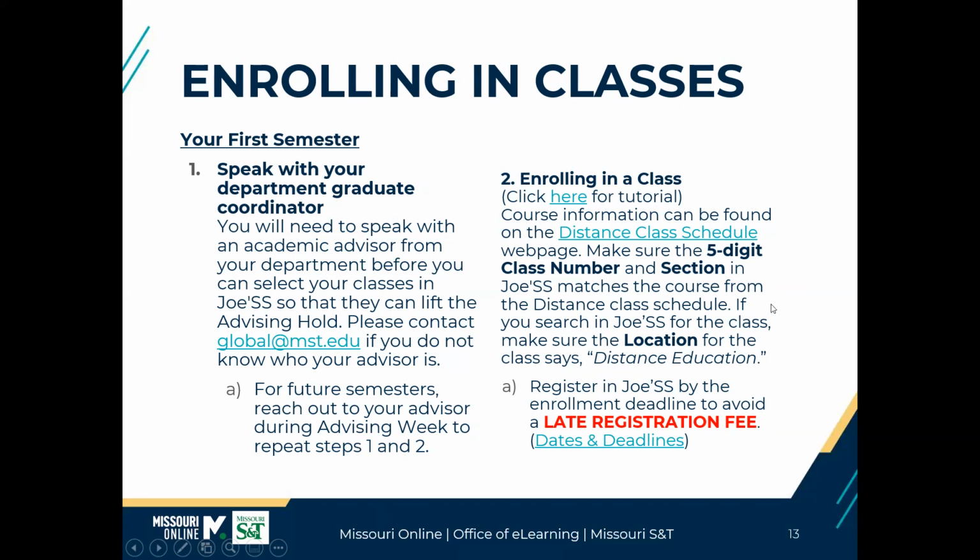Otherwise, you may end up enrolling yourself into an on-campus section instead. If you search in JOES for the class, make sure that the location says distance education. And make sure to register in JOES by the enrollment deadline to avoid a late registration fee. This is usually the day before the semester starts.